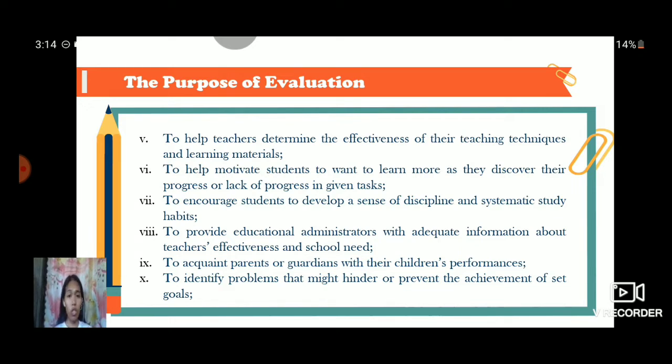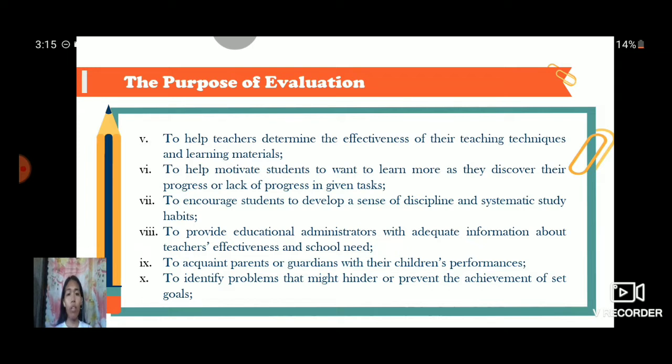So evaluation can help the students have self-discipline and develop habits that could help them improve in educational progress. To provide educational administrators with adequate information about teachers' effectiveness and school needs.